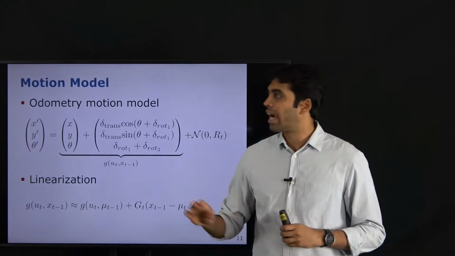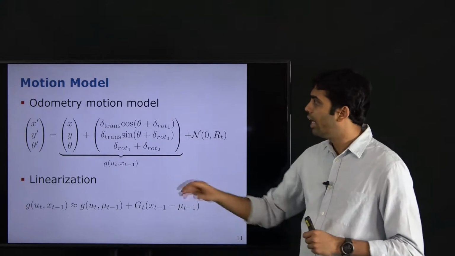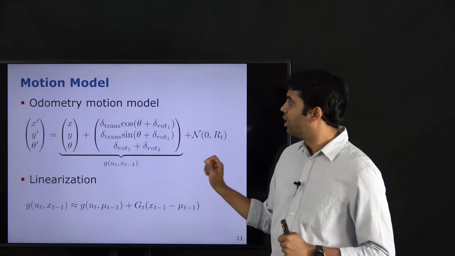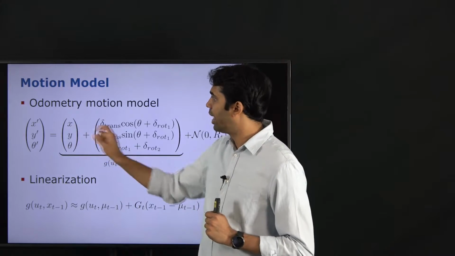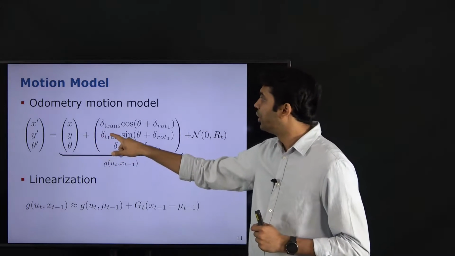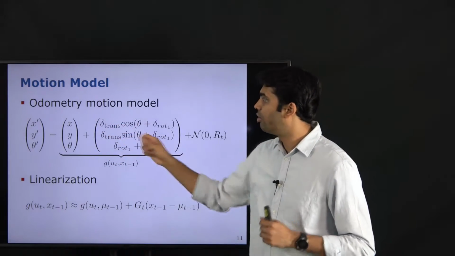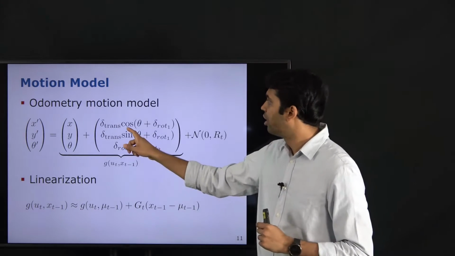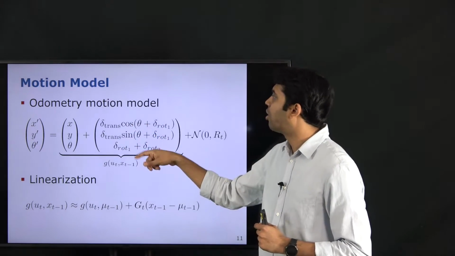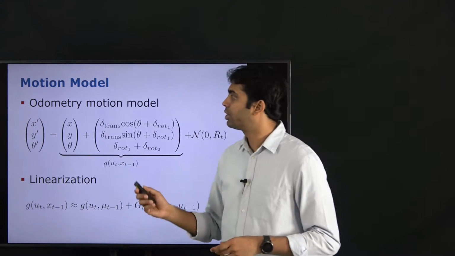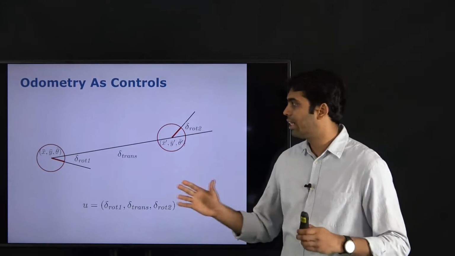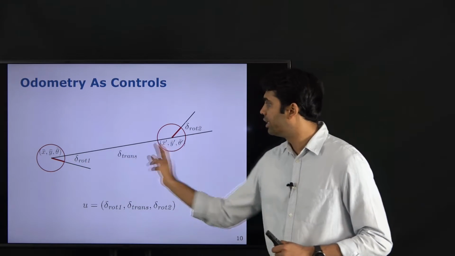And then if we write out the equations for this model, it ends up as the following one here. So your new, for example, x position is your old x position plus the translation command that you gave, and depends on the cosine of your current yaw and the first rotation that you make. So these equations can be derived basically using simple geometry on this figure here.